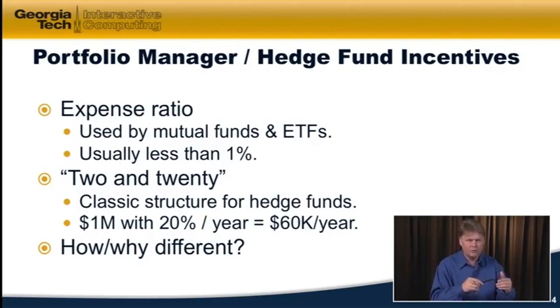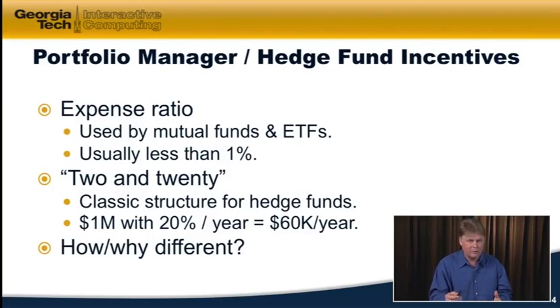And it's just a fixed percentage of the whole fund, typically 1%, usually less than 1%, sometimes as high as 2%. And that's of all the funds that are managed. So, for example, if they're managing a $1 billion fund, the compensation is $10 million per year, 1% per year.